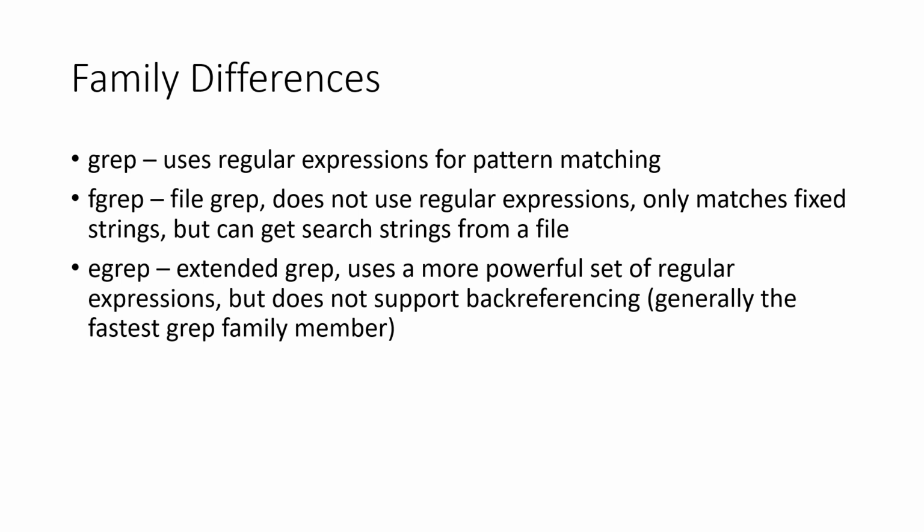And then finally, we're going to use something called extended grep, which uses a more powerful set of regular expressions, but it does not support back referencing. Generally, egrep is the fastest grep family member. A lot of times grep and egrep are more or less interchangeable for what you want to do. There is one more, which is called agrep. It is approximate grep, and it is not standard.